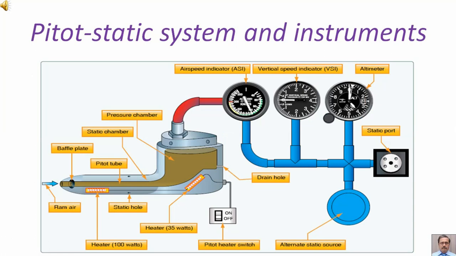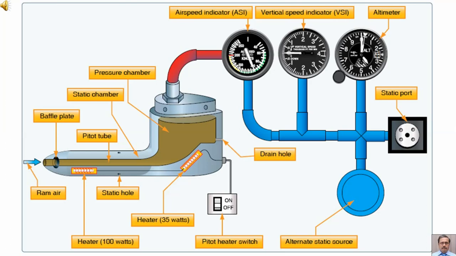In this diagram, we are showing the pitot-static system and instruments. The same diagram but a little bigger in size for your convenience and reference. In this diagram, you can see the three instruments: airspeed indicator, vertical speed indicator and altimeter.